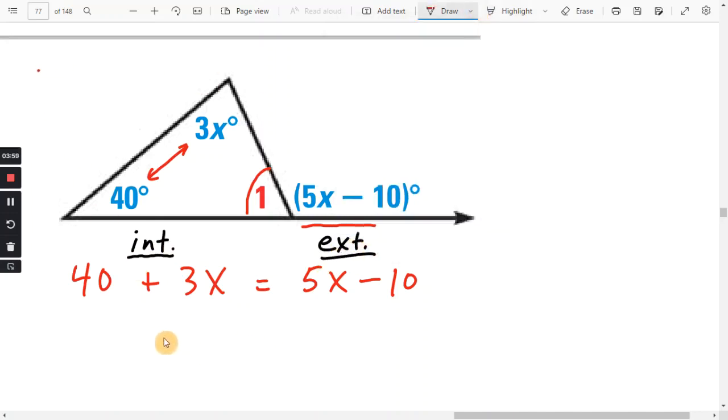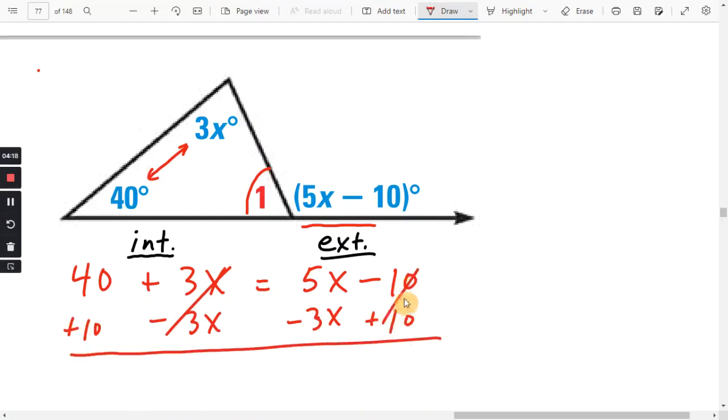And we're just solving for x. I like to subtract the smaller x. So the opposite of plus 3x is minus 3x. I'm going to do that to both sides. Cancels here. And then get rid of the negative 10. The opposite is positive 10. Cancels there. 40 plus 10 is 50. 5x minus 3x is 2x.